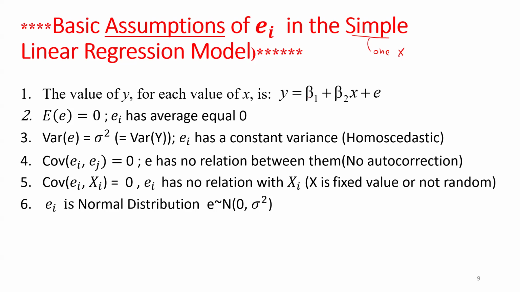There are 6 assumptions. First, the value of y for each value of x is this one. So, professor, what does it mean? Verbally, it means your model is correct.